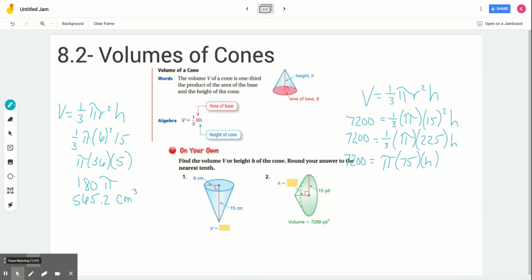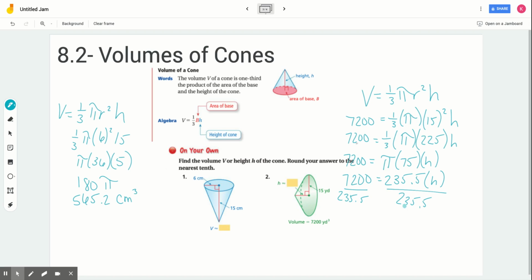Now, when we multiply 75 times 3.14, we get 235.5. So 7,200 equals 235.5 times the height. Since these two terms are being multiplied, we divide to find the missing piece.